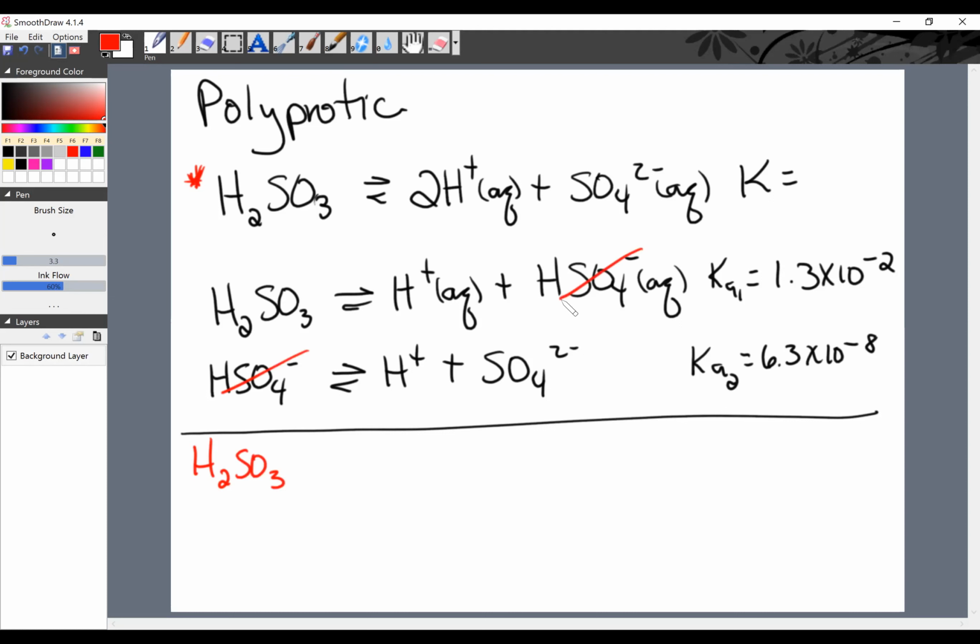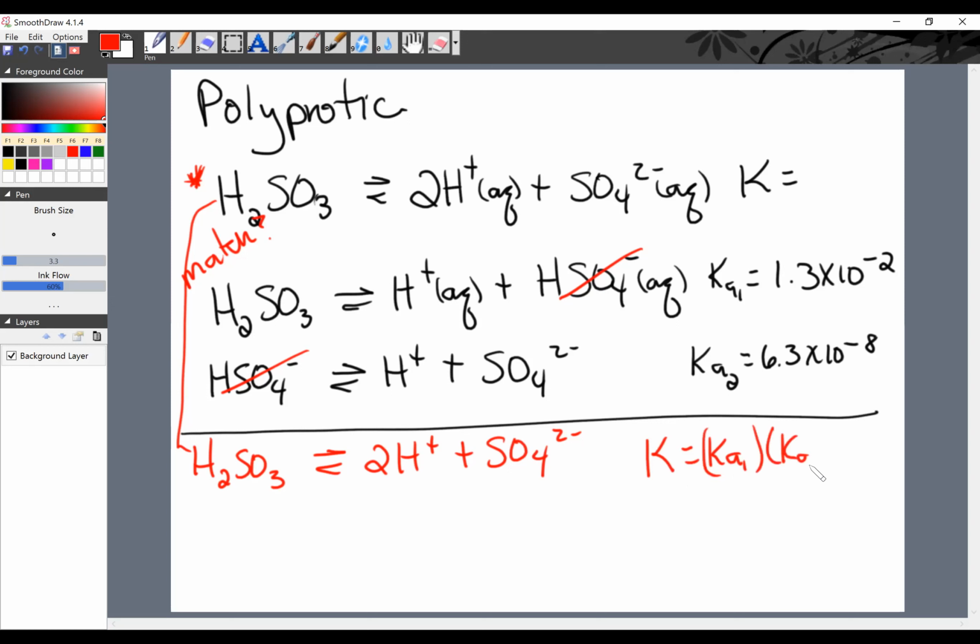Yep, there's one on each side. And on the other side of the equilibrium, a proton plus a proton is 2 protons, and then nobody cancels out the sulfite. And is this the equation that I'm interested in? Does it match? Exactly. The answer is yes. So then K is the product of those. All right. So we can mathematically figure that out because we have numbers.